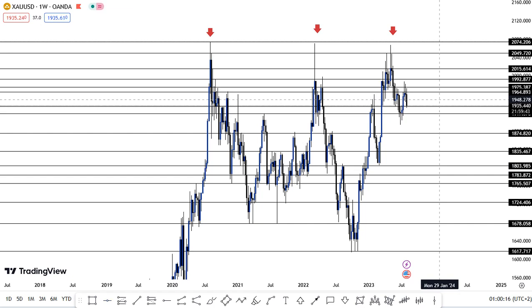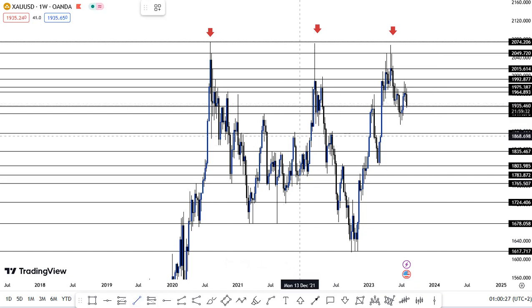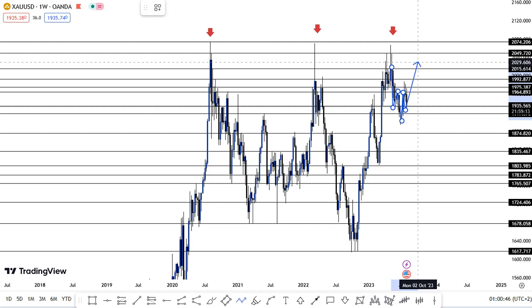So here on gold, I feel like gold has to sell too, because you might think this is, let me do this, where's that curve thing? You might think this is an upside down head and shoulders, so it creates a shoulder here, then it pushes up.